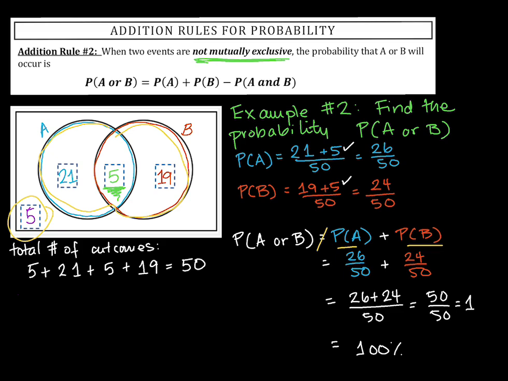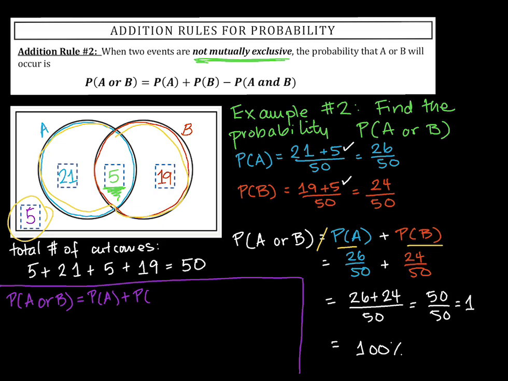When we use the formula, though, the formula gives me the correct answer. So the probability of A or B equals the probability of A plus the probability of B minus the probability of both A and B. So we have 26 out of 50 plus 24 out of 50 minus 5 out of 50.